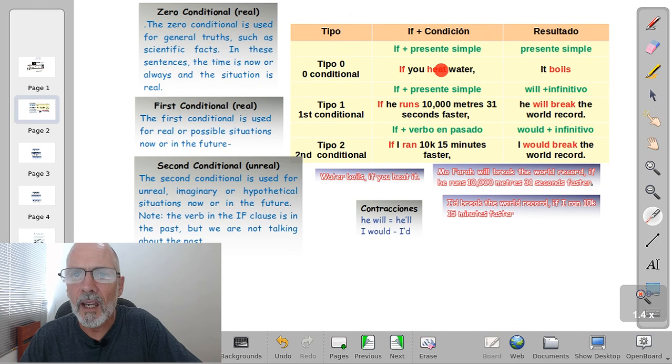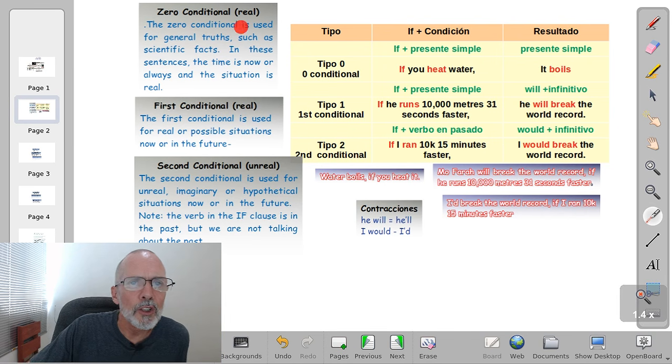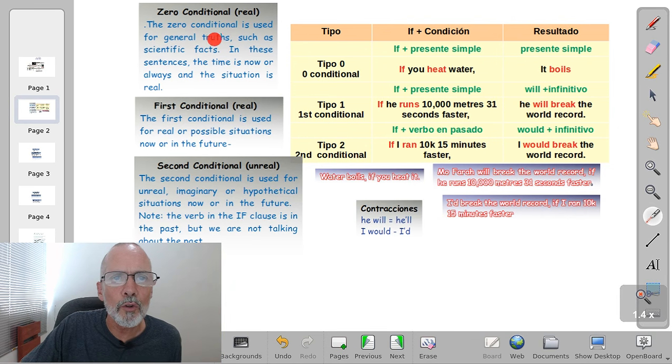So we say, if you heat water, it boils. So the zero conditional, which is a real conditional, this is a fact actually. If you heat water to 100 degrees centigrade at sea level, it boils. Boils means it turns to steam. The zero conditional is used for general truths such as scientific facts.